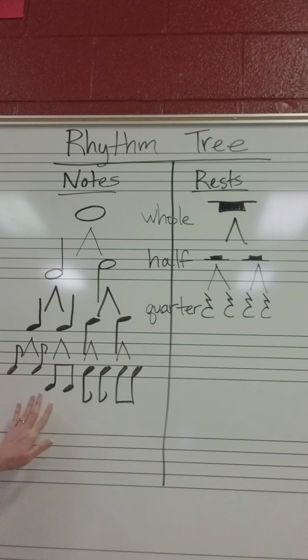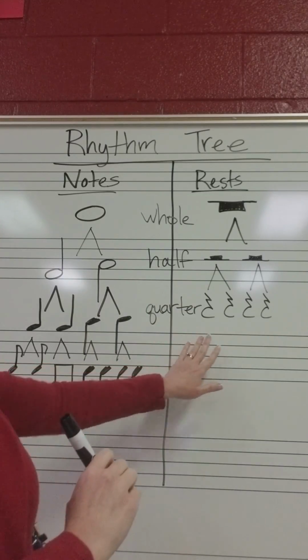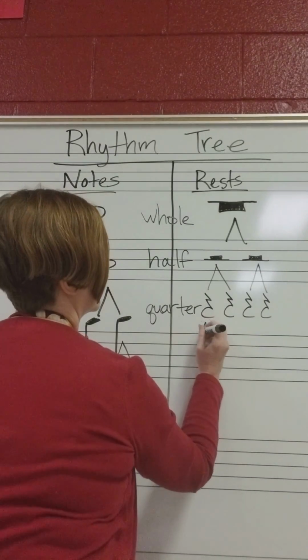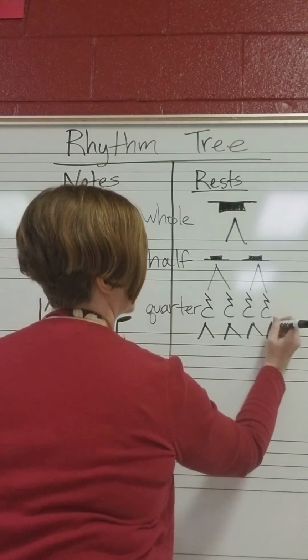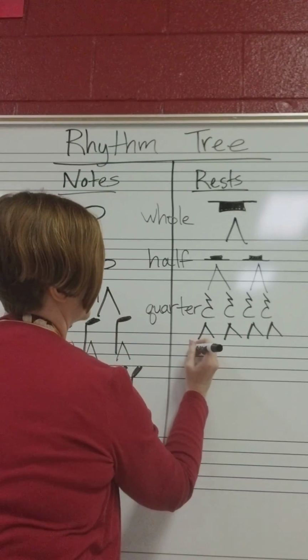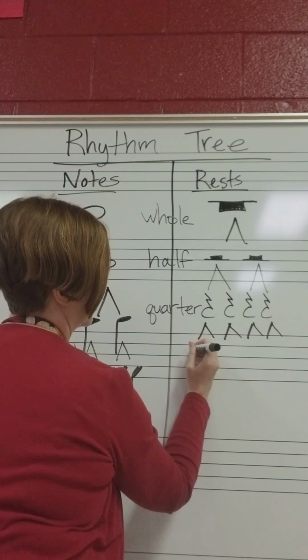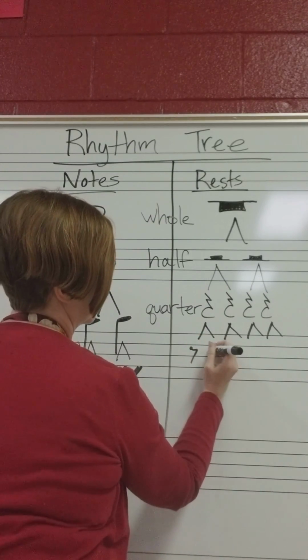So all of these are eighth notes, and we're going to ignore the fact that we're using a staff board right now. So we're not worried about the stems going a certain direction. For eighth rests, it takes two of them per quarter rest. And we just draw what I think of as a fancy 7.